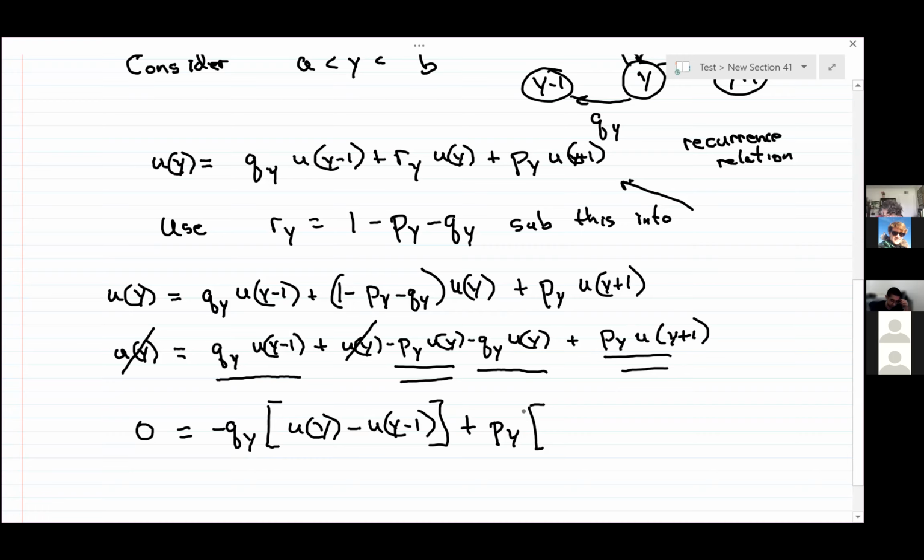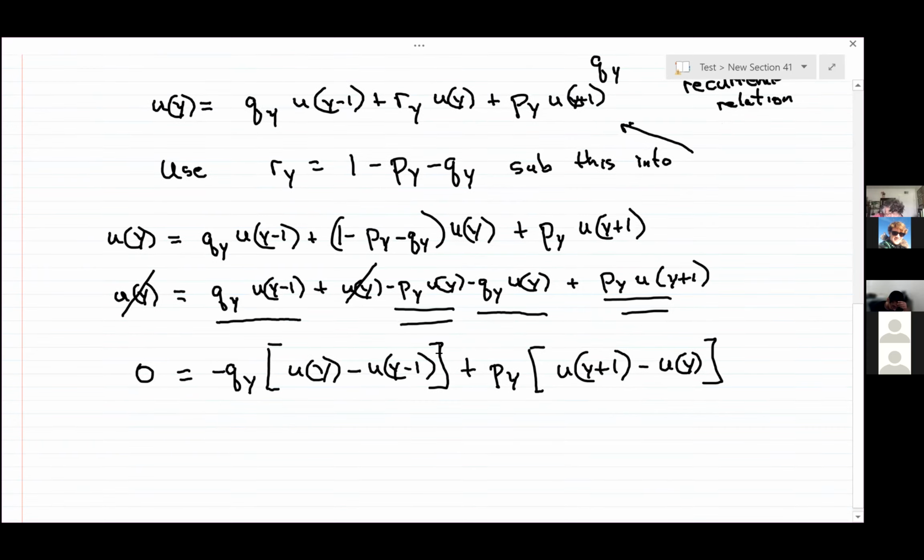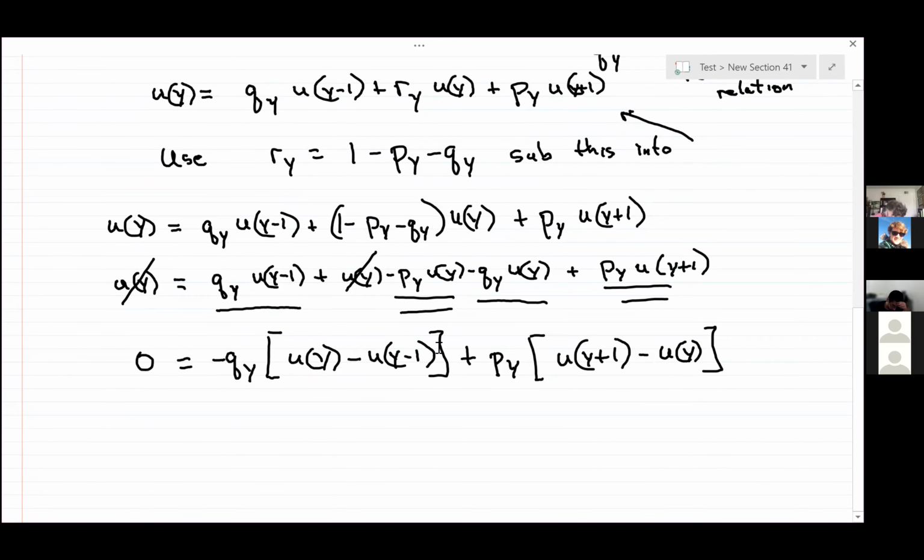Okay. So when I pull out the p sub y, I just have u of y plus 1 here from this one, and from this one, we get the minus u of y. So you can check that the two underlined terms here are the same that you get when you distribute p sub y times this, you get that, p sub y times that, you get this. Okay.